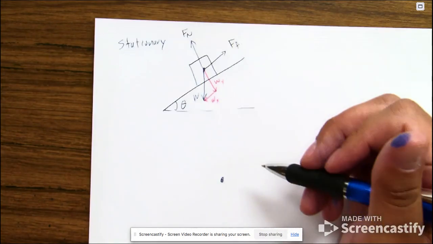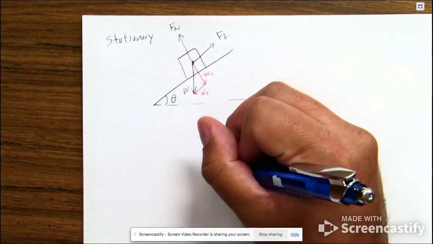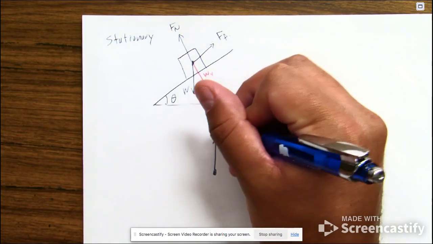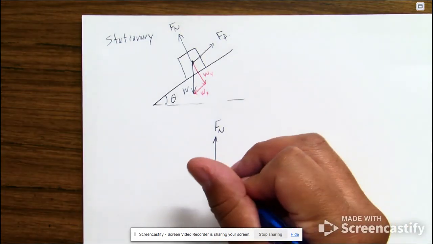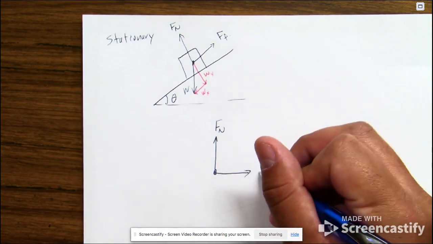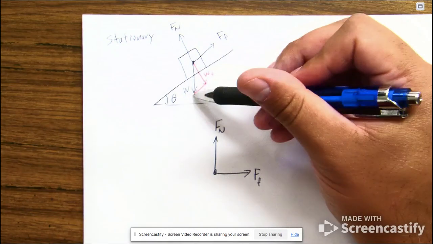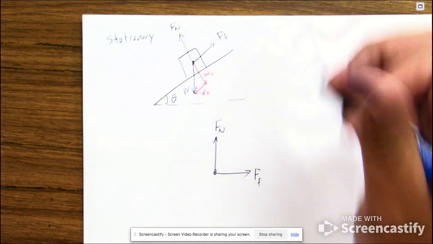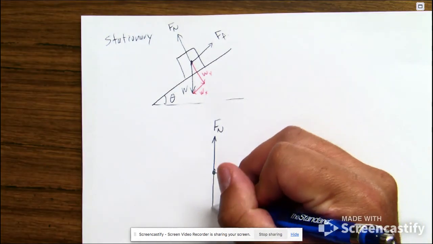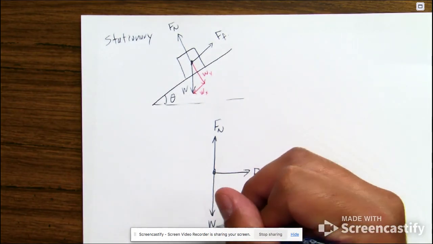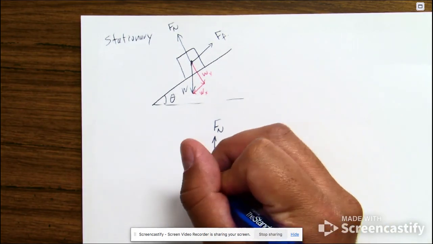I still have my normal force, but I'm going to put that straight up. I have my force of friction, which is going to be pointing this way. I'm going to replace the weight with its y and x components. The y component is going to be pointing down this way, and the x component is going to be pointing this way.